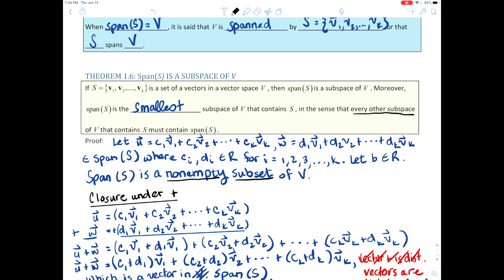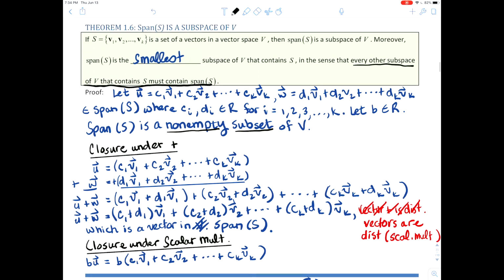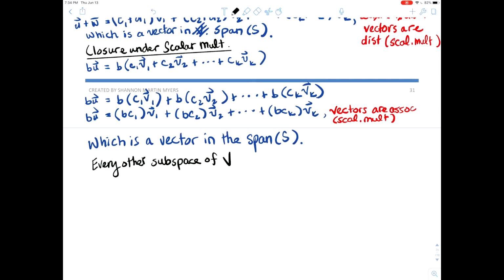Every other subspace of V that contains S must contain the span of S, right?